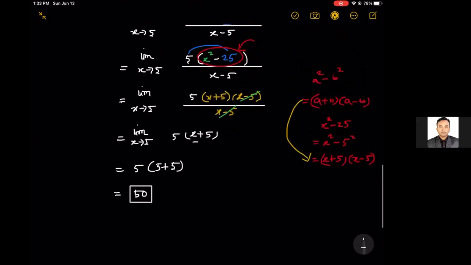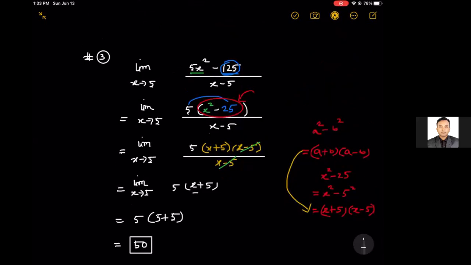So again, you can see, even though when we just had a view for the first time, this problem looked like it will give us an undefined value, because if I plug in 5 here, it would have been 0 in the denominator. But you can see you can actually modify this and get a defined value out of it. So this would be another type of problem you might be needing in the exam.